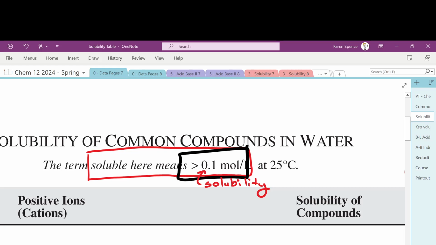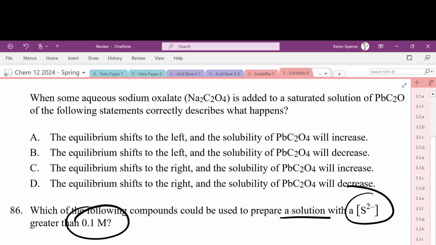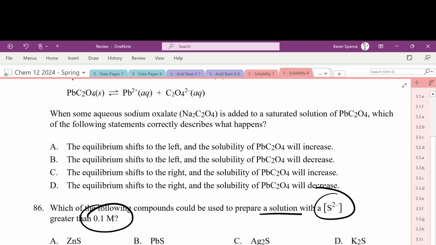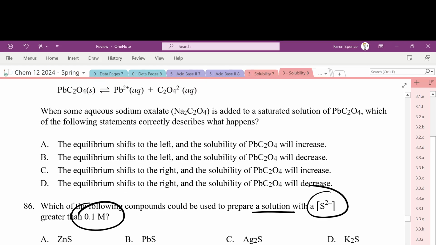If it's low solubility, you cannot. Okay, so let's go back here. And so we need zinc, lead, silver, potassium. Oh, look at this, greater than 0.1 molar. That means you need a compound that is soluble, and we all know that all alkali salts are soluble, so it would be that one there.